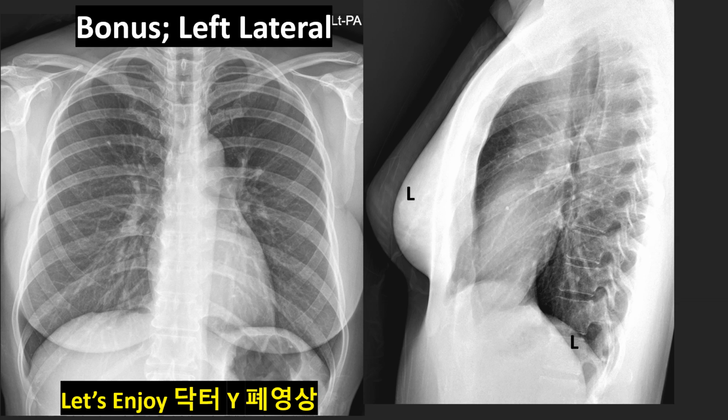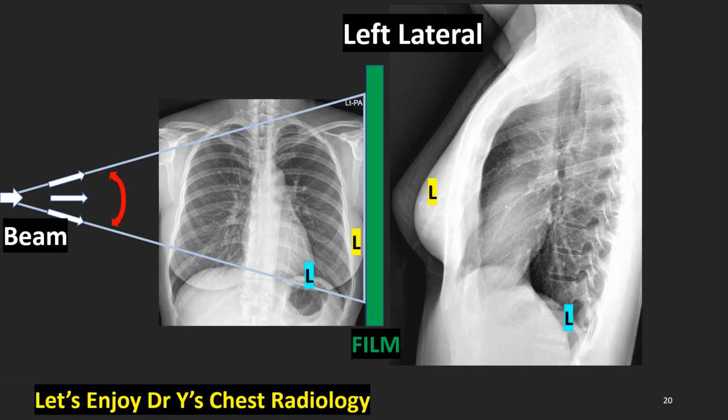It's bonus time. Let's talk about the left lateral film. The left lateral film is not as important as what we discussed before. The left lateral film is taken, as you see on your left side in this mechanism, with the X-ray beam passing through the right chest, mediastinum, and left chest, and then the film or detector.